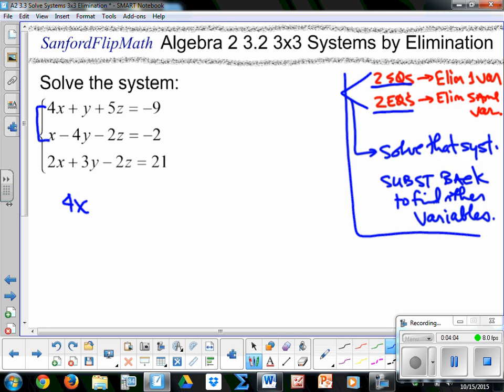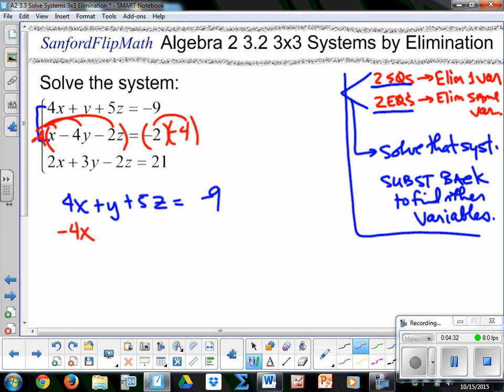Then I'm going to take that second equation and multiply it by -4 on both sides, so that I end up with 4x and -4x and the x's cancel out. I have to multiply every single term by -4.